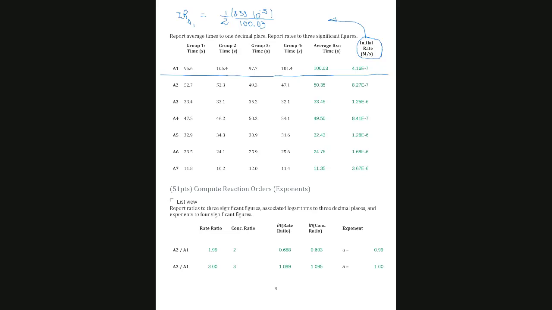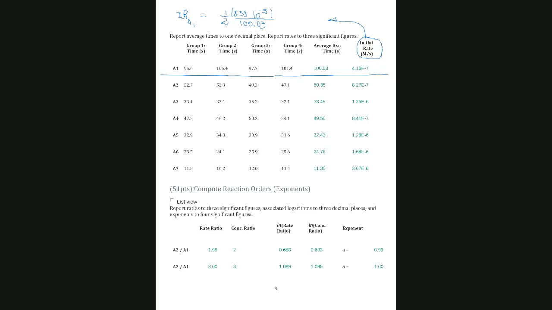You will have a different number, because as soon as you do this experiment online, you're going to get different data. But you always need to calculate the initial rate with this formula.